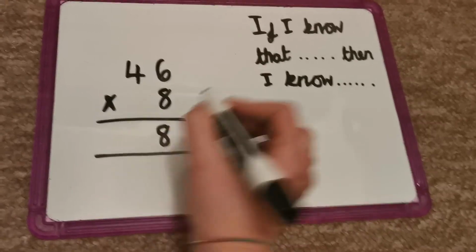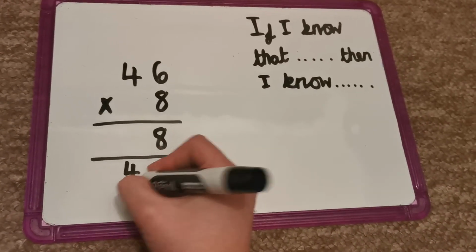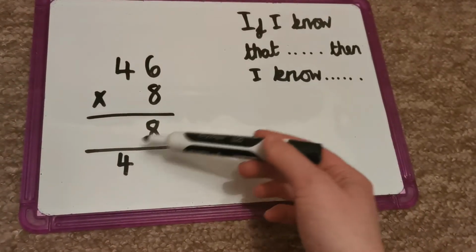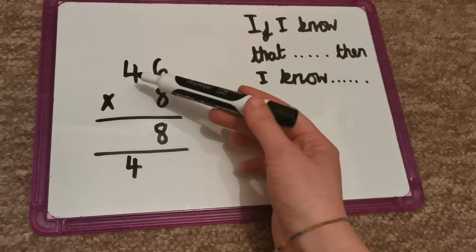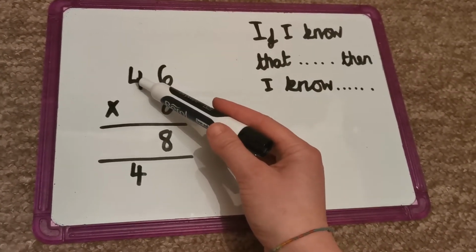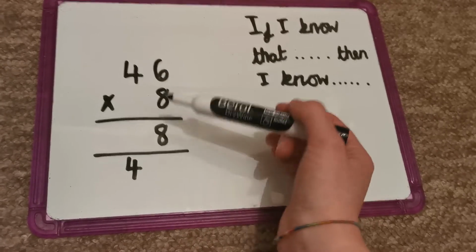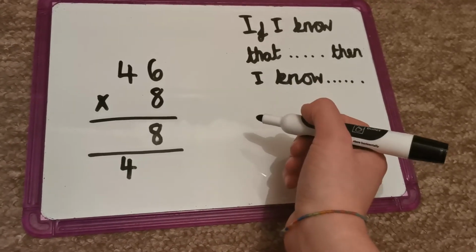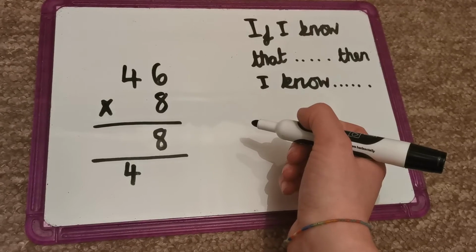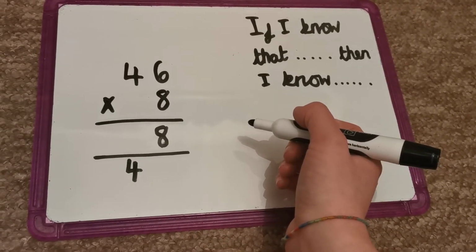So 48 has 8 ones and 4 tens. So I place the extra tens in the tens column, underneath my tens column here. Then I need to do 4 times 8. If I know 4 times 8 is 32, then I know that 40 times 8 is 320.